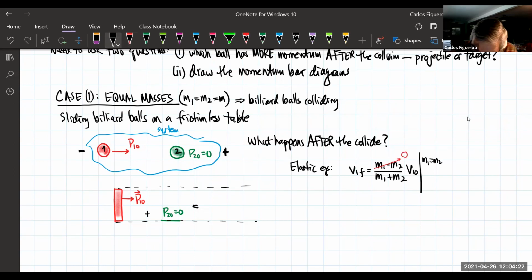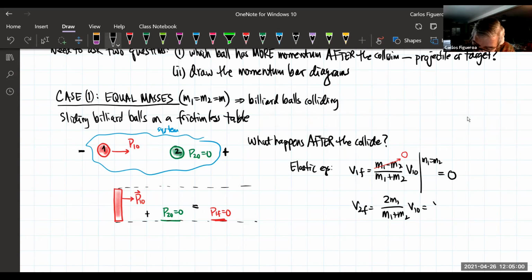That means the speed and momentum of the projectile afterward is 0. Looking at my elastic equations again, the masses M1 and M2 are exactly the same.